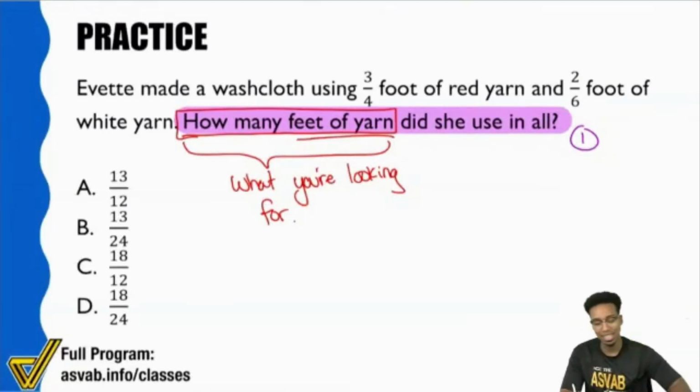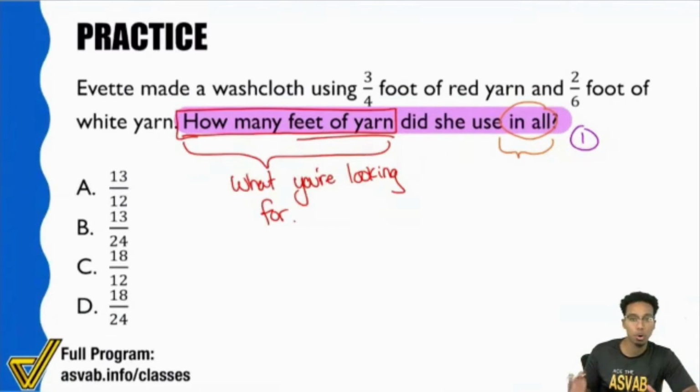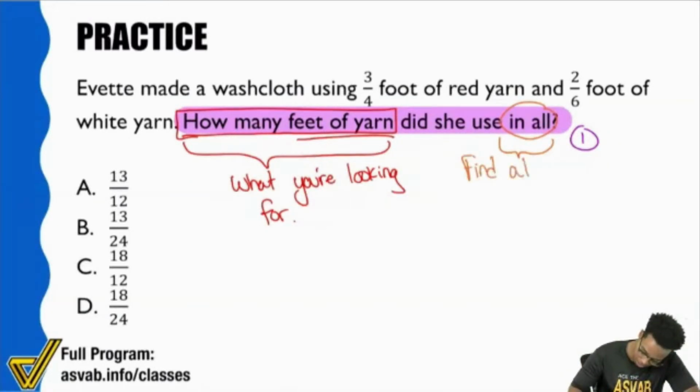And in this case, that's going to be the in all right here, because what that's going to tell you is that you're finding the total amount of yarn used. Find all the yarn used.